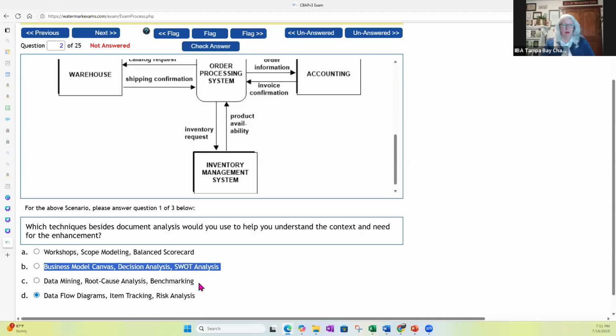So data mining could be, but anyway, if choosing between C and D, I'm in favor of D. Okay. And you think D will help us find context and need for the enhancement? Might be. I agree with that analysis. Okay. Let's check this answer.